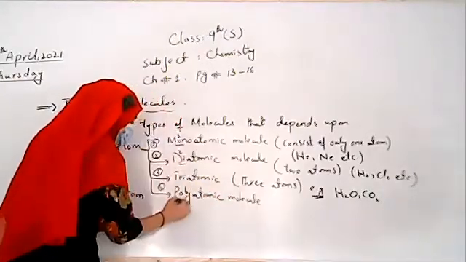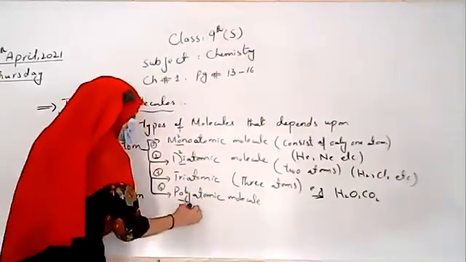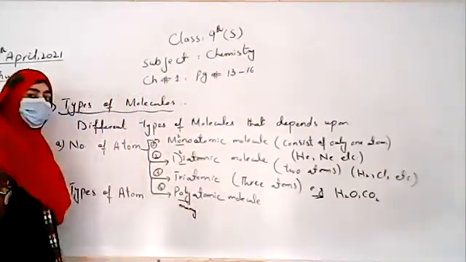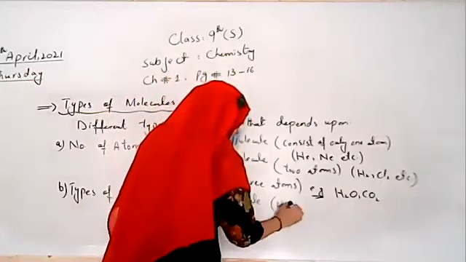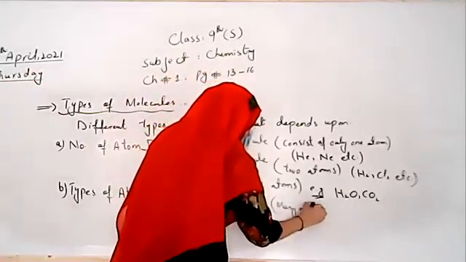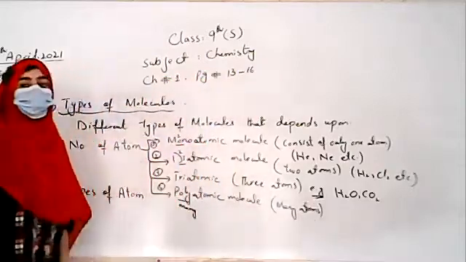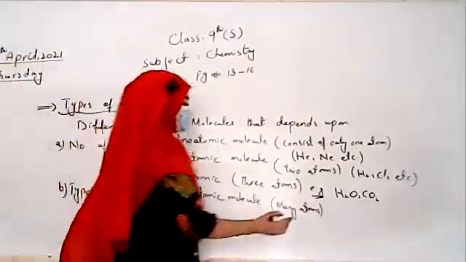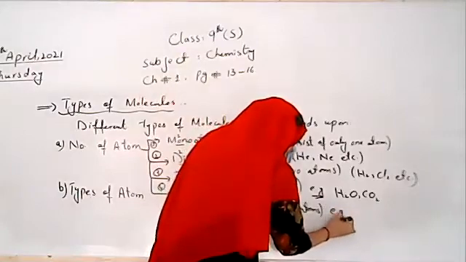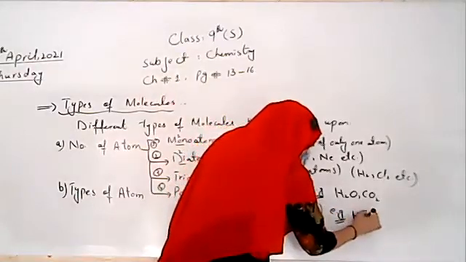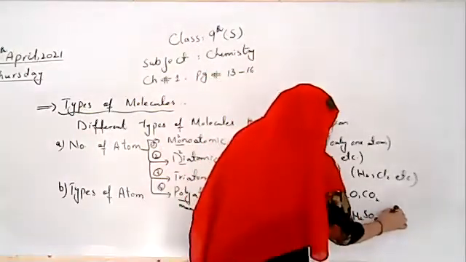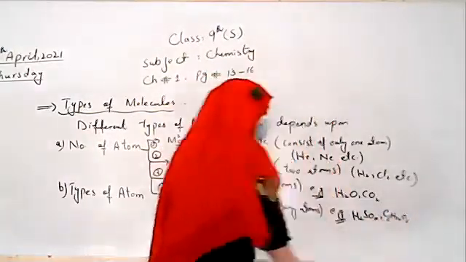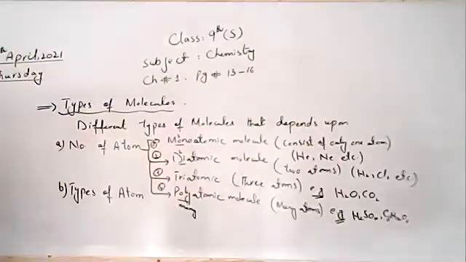Poly means many. The molecule which consists of many atoms is called polyatomic molecule. For example, H2SO4, C6H12O6, that is glucose, and many others.